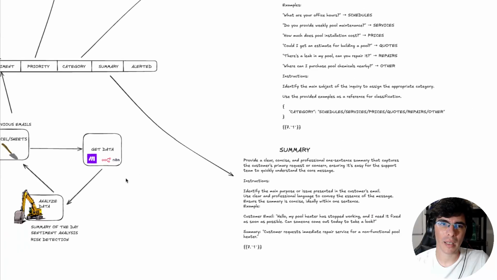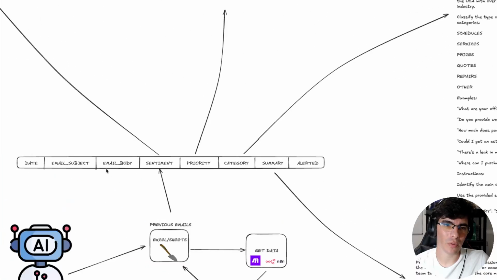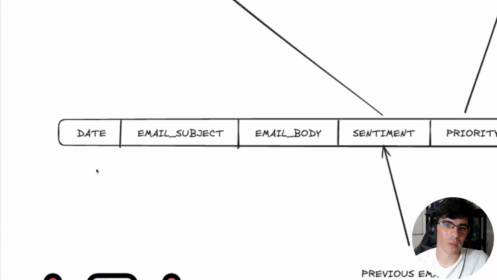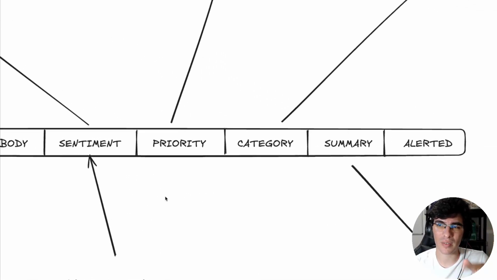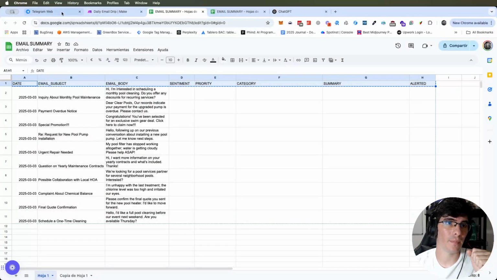If we go back to the tables that we're talking about, we've got date, email subject, email body, sentiment, priority, category, summary, and alerted. Now, let's go directly into the email summary.